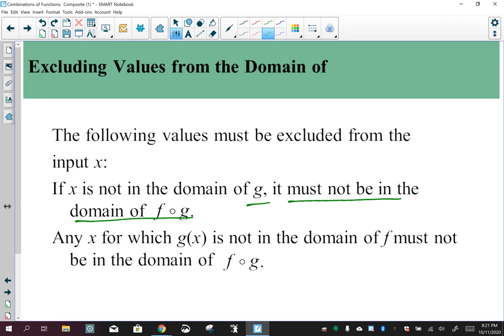Any x for which g of x is not in the domain of f must not be in the domain of f of g of x. So this is just saying pay attention. If it doesn't show up in g of x, then it's not going to show up when you compose f of x and g of x together. It's basically what it's saying. So just pay attention to that.